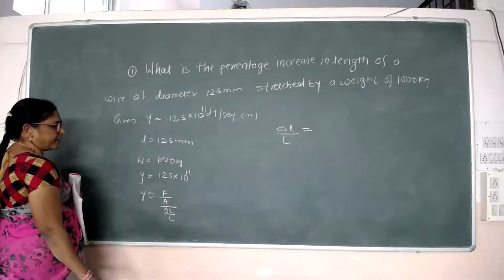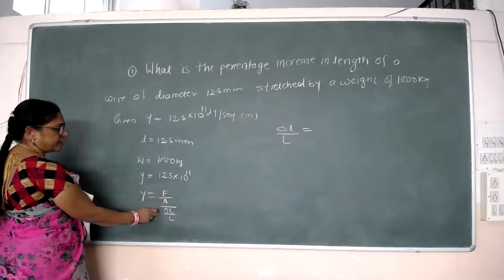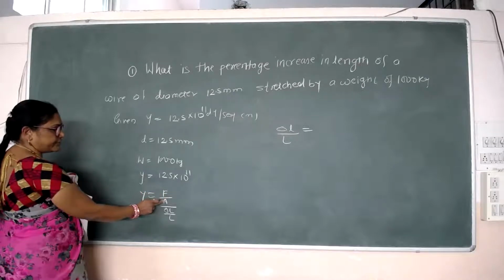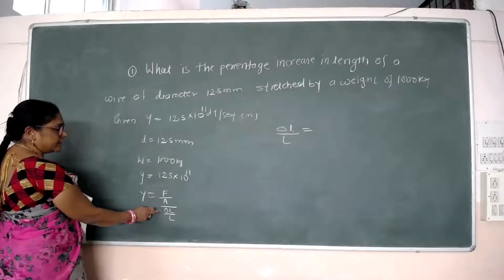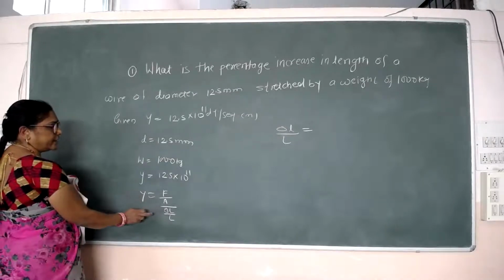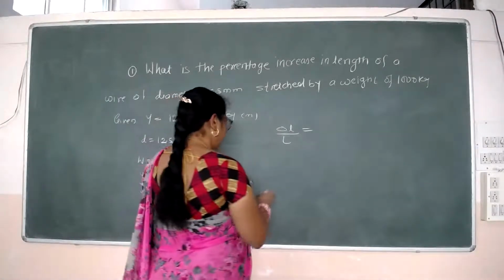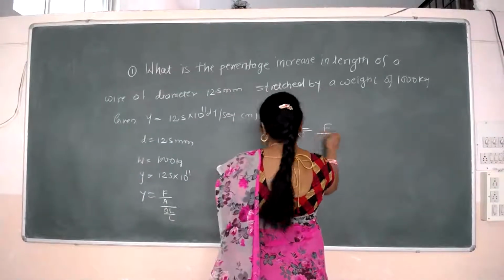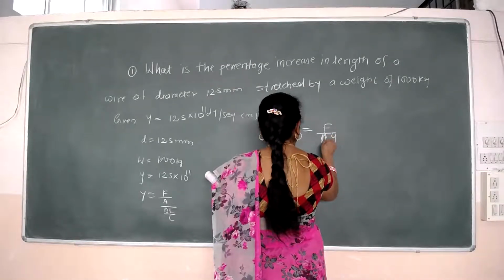Young's modulus is equal to stress divided by strain, and the stress is the normal stress, that is force per unit area. Then take the change in length to one side: delta L divided by L is equal to F divided by A into Y.